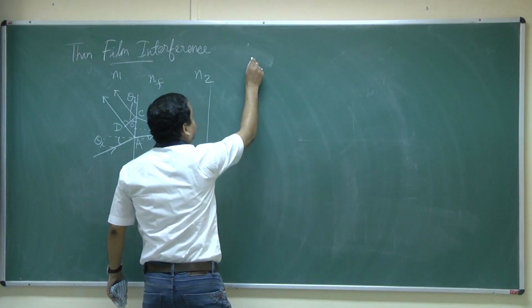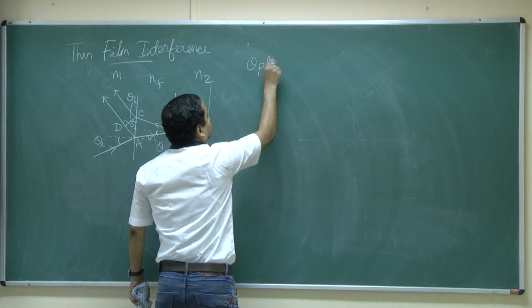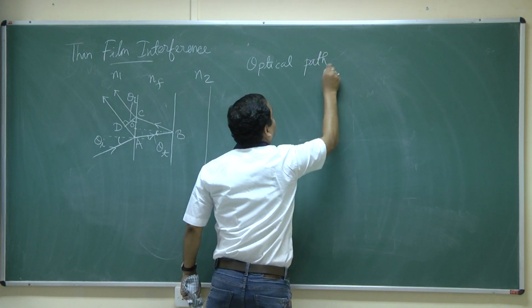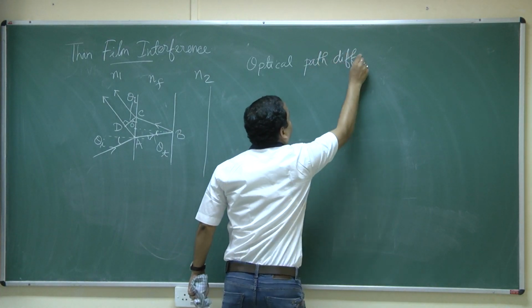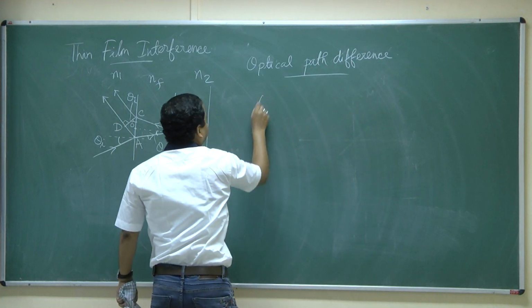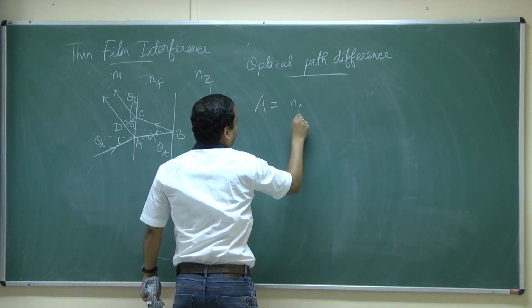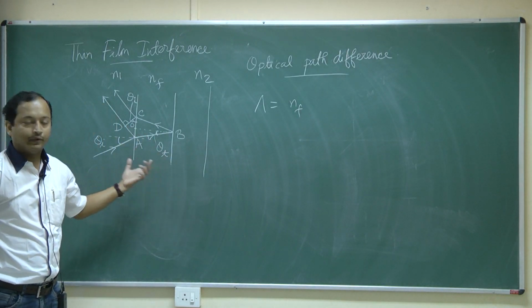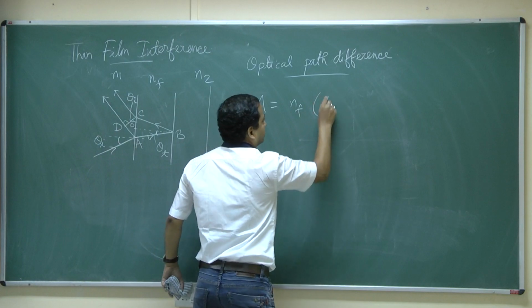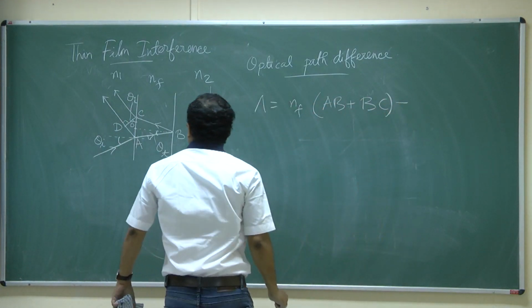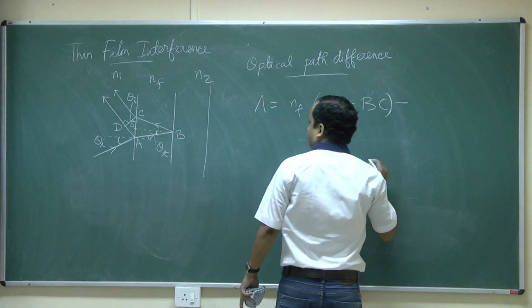What we are interested in here is to find the optical path difference. This particular ray AB plus BC is travelled in a medium with refractive index N2, so I multiply that with N2, and then the particular distance AD.